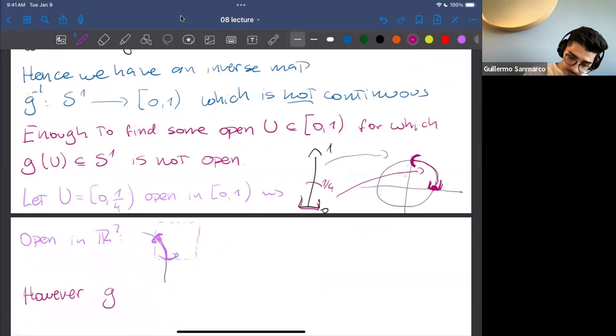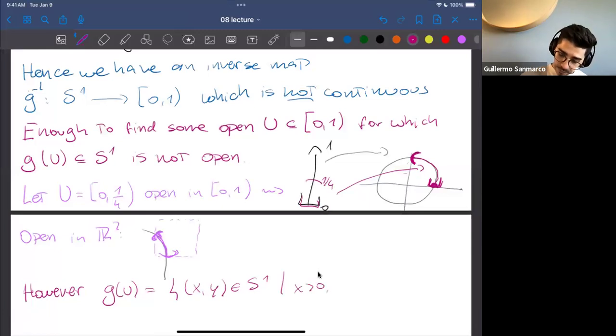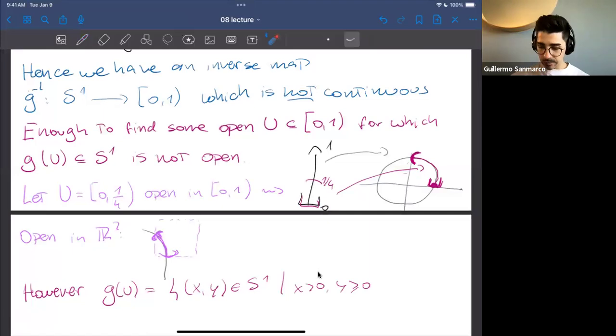G of U is the set of points of the form (x, y) in S1, and the restriction here is x is bigger than 0, y is bigger than or equal to 0. So that's how you express these. This is not open.